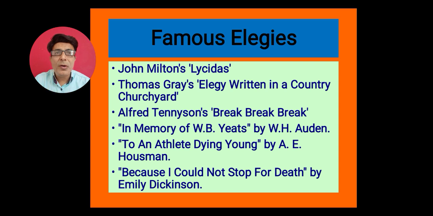If you want some more examples of elegies, then John Milton's Lycidas is a very famous elegy written during the 17th century. Lord Alfred Tennyson, the poet laureate during the Victorian era, wrote a personal elegy, Break, Break, Break, to mourn the death of his friend.